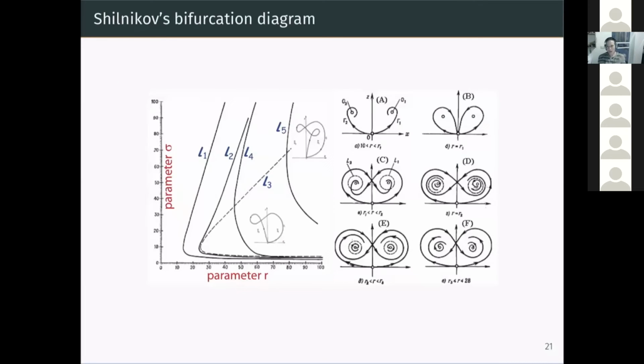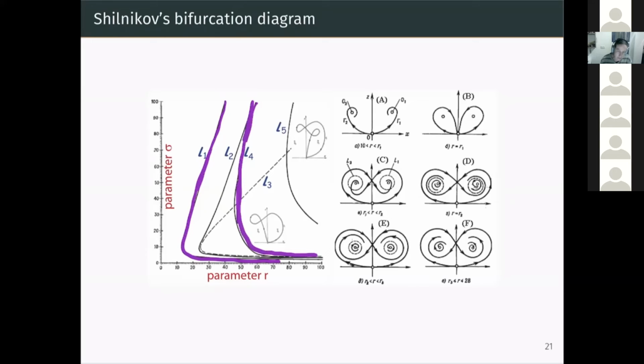Okay, and now I'll try to end here. This is a bifurcation diagram taken from Shilnikov's paper in 1980. And it reappears in the paper of Shilnikov and Shilnikov with Barrio. Here, this first curve is the first homoclinic butterfly, and this curve, L4, is the second homoclinic butterfly.